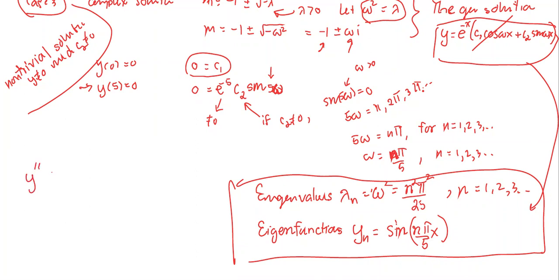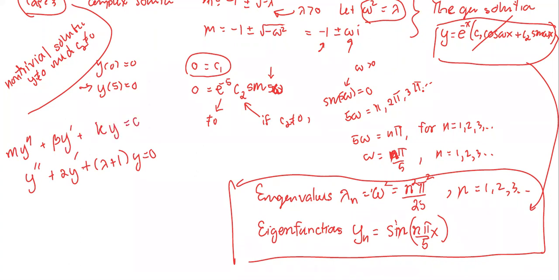We have y double prime plus 2y prime plus lambda plus 1 times y equals 0, for the spring based on m y double prime plus beta, the damping constant, times y prime plus k times y equals 0.